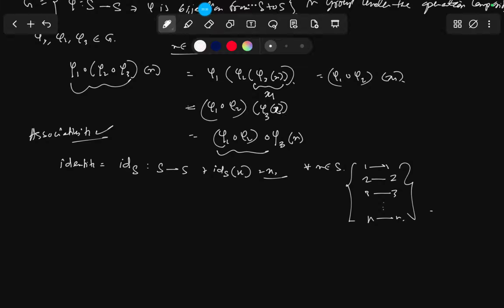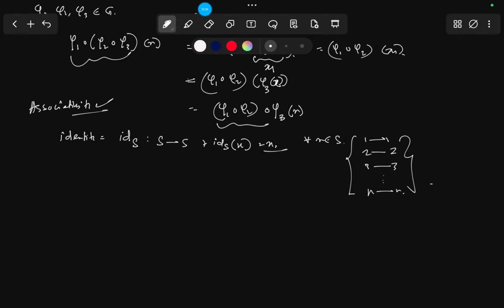Okay, this is the identity map. So identity existence is also there, right?